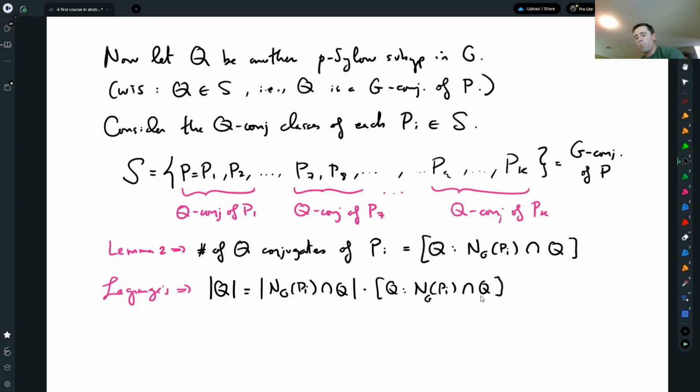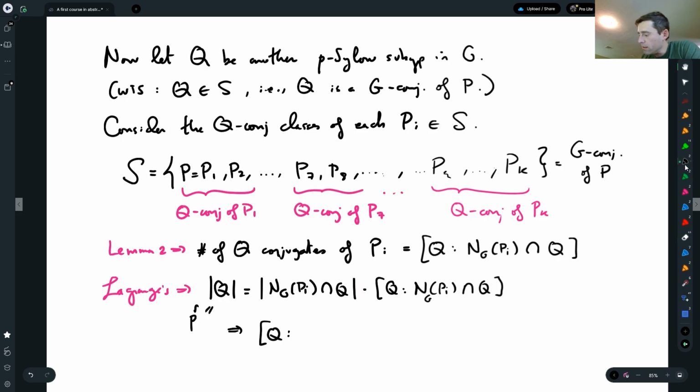Okay, but this is p to the r, and therefore the index, the number, oops, not index of index, the index, which counts how many conjugates are there in each one of those packets, in each one of those orbits, the number of conjugates has to divide p to the r.